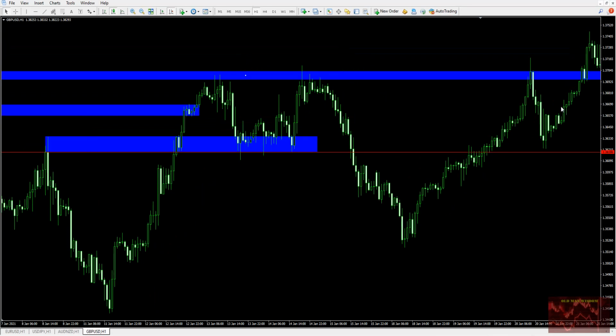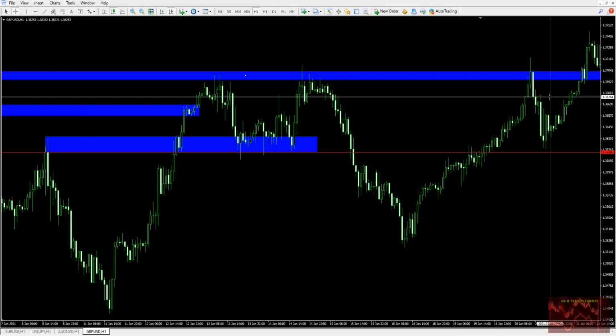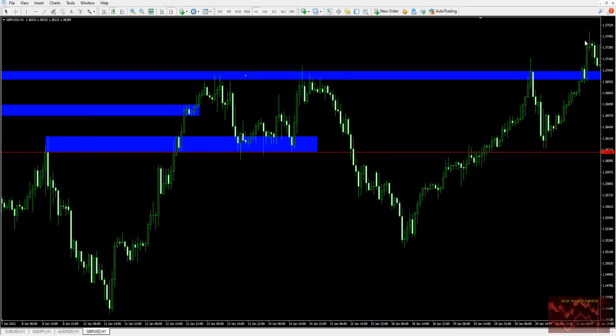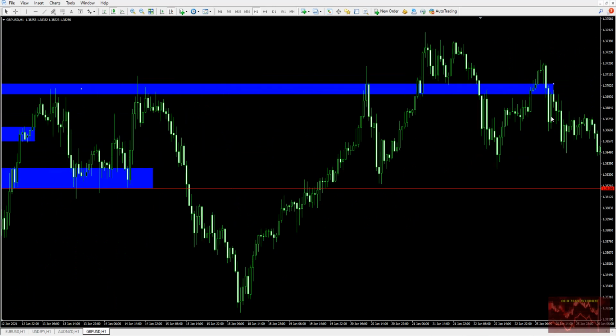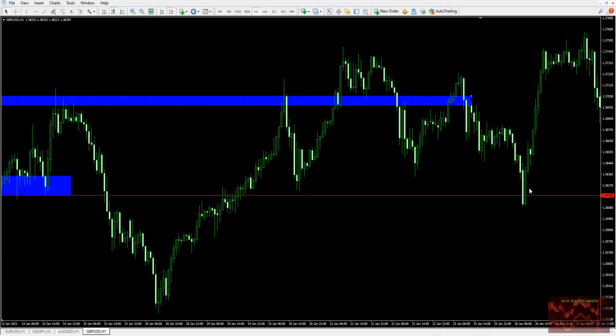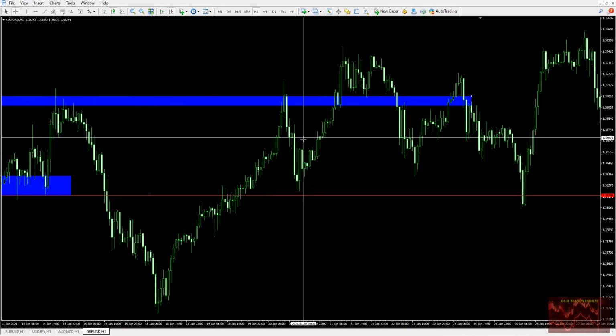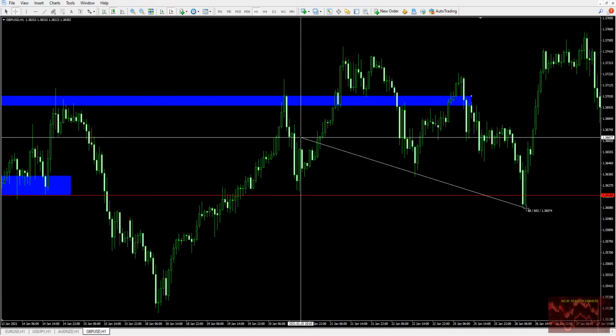If we carry on, you'll see that if you'd have sold here and put your stop loss here, my goodness, you'd have just been tapped out, which is a shame because it comes back down again, and from here you would have got your 60 pips almost exactly.